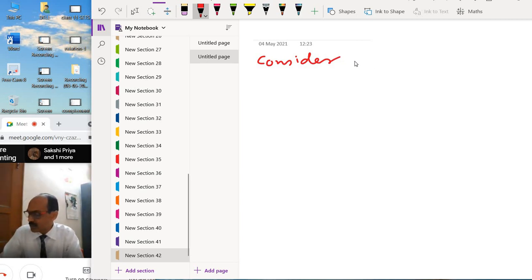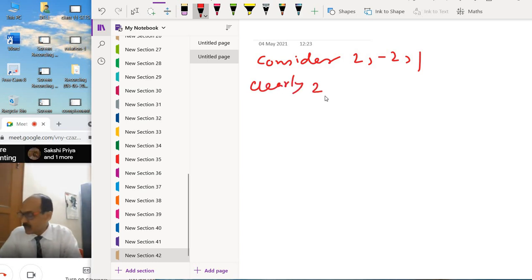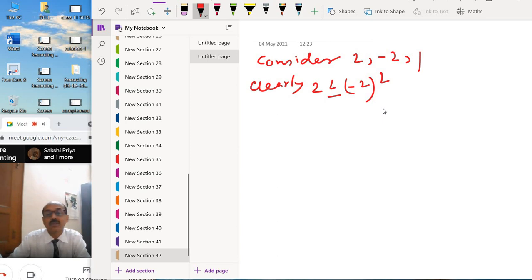First, it is clear that 2 is less than or equal to minus 2 whole square, which is 4.